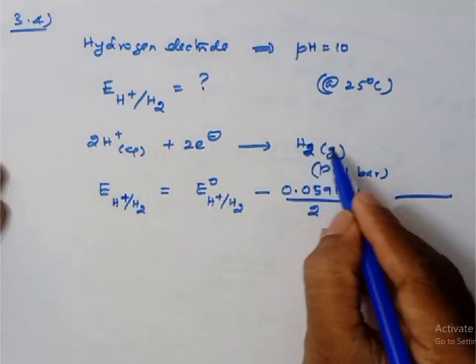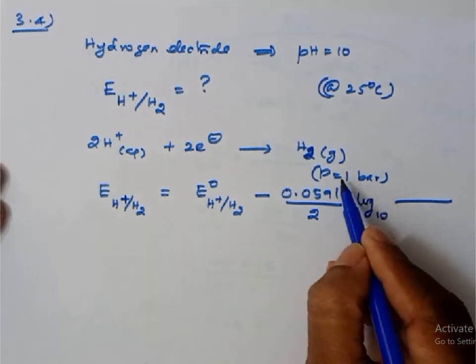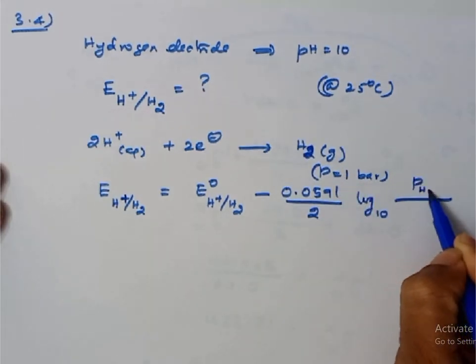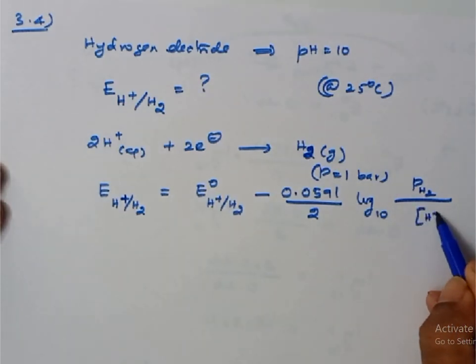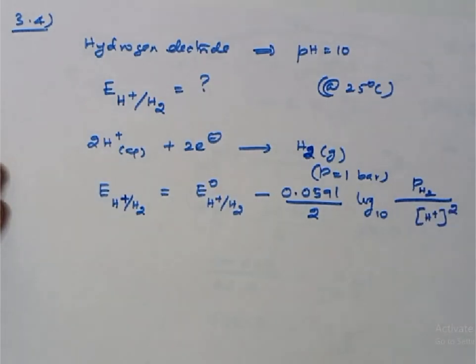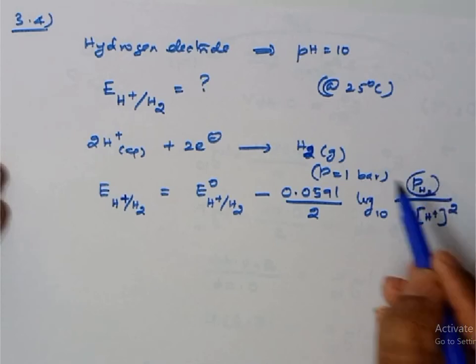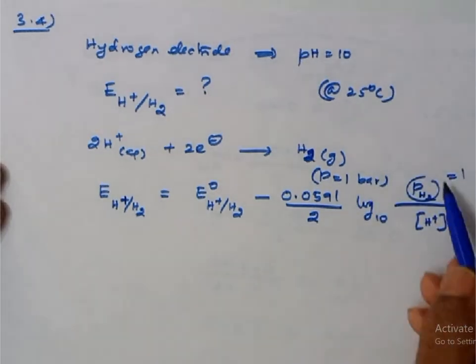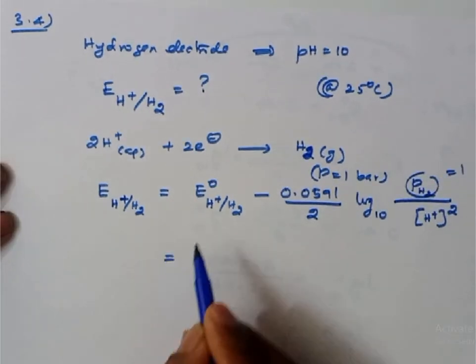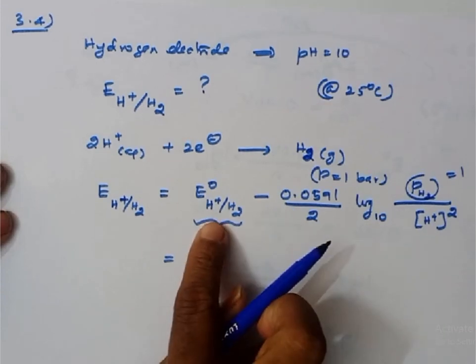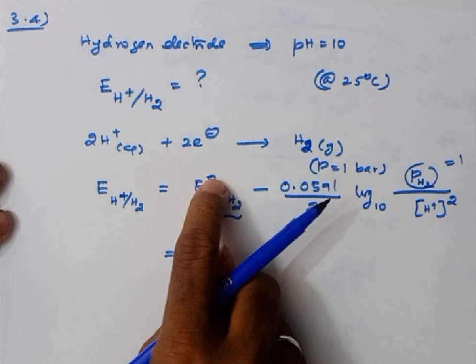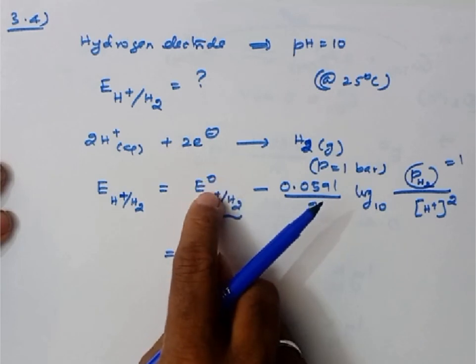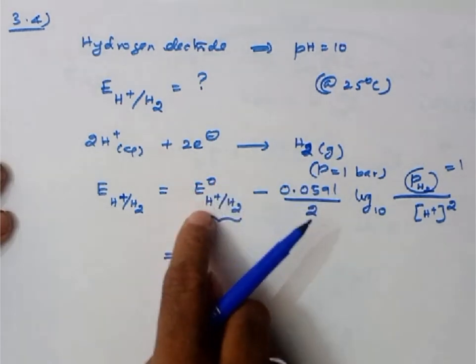In the product side we have hydrogen gas, so the pressure of hydrogen gas divided by, in the reactant side we have H plus ion, so H plus ion power 2. The pressure is given as 1 bar, so I'll put 1 bar here. And you know very well, the not symbol indicates standard, so this is the standard hydrogen electrode potential.